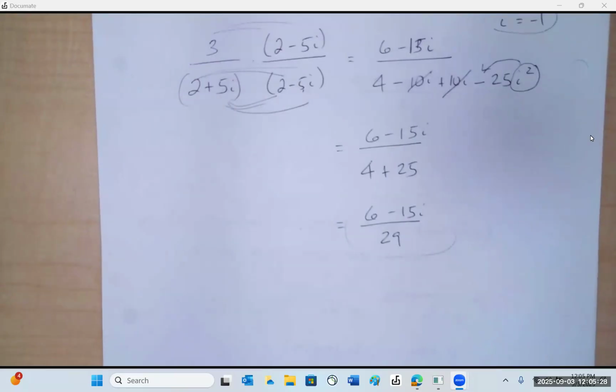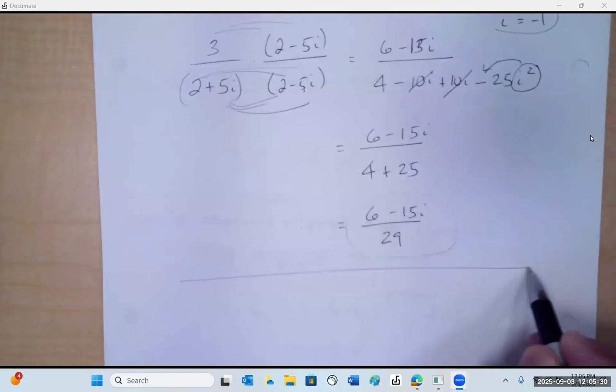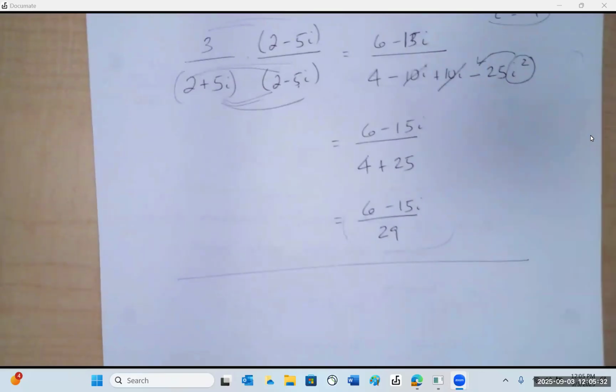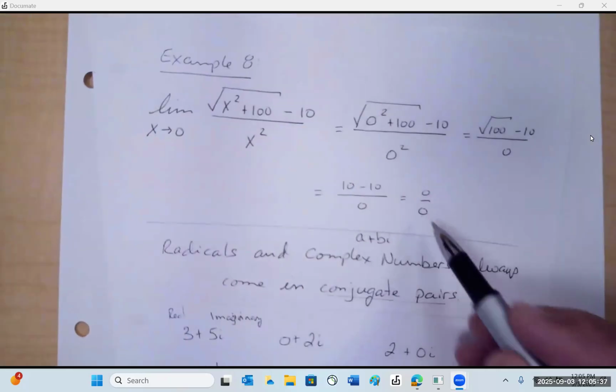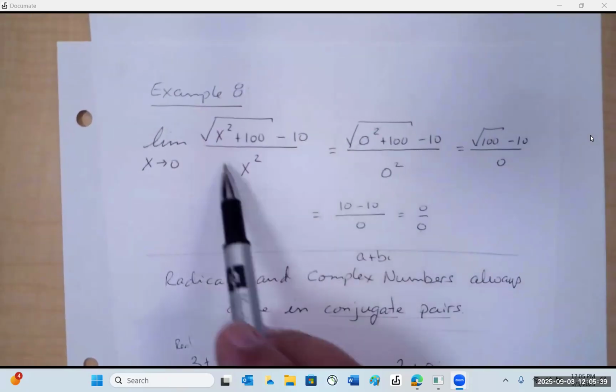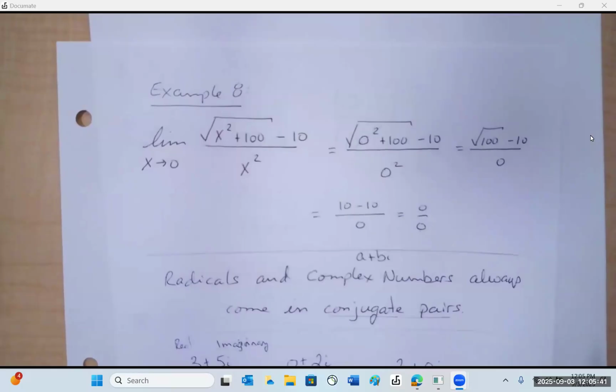So I needed to discuss that to go back to our question. We got 0 over 0. So how do we fix this equation? We can't factor it.